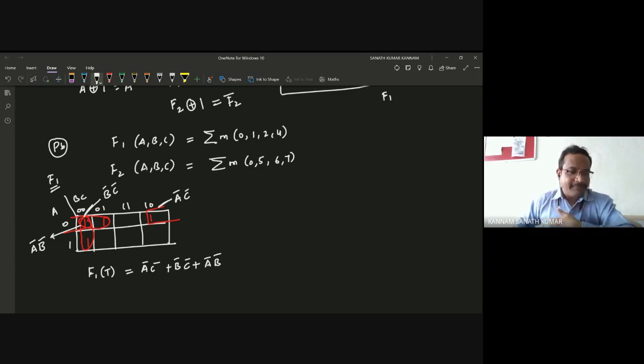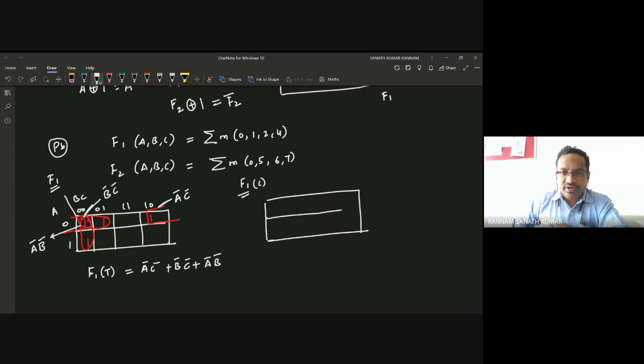Now, if you see the complemented form, that means the complement of F1, you need to see for zeros. When you are looking at zeros, you will get the complemented form. So this is A, B, C, 0, 0, 0, 1, 1, 0, 1, 1, and 0, 1.